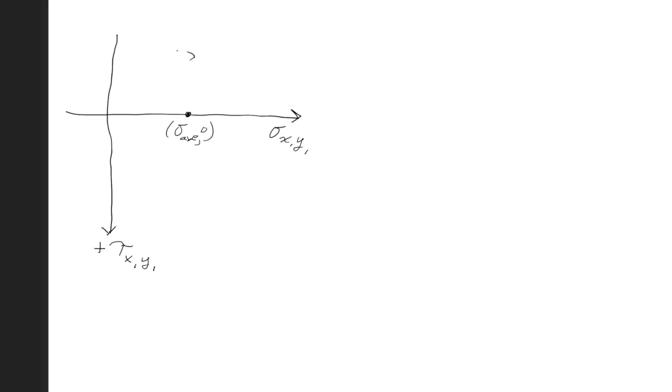It's going to have some radius, big R. And this is going to be our angle. It's going to be 2 times whatever theta is. So if you want to measure something at theta equal to 30 degrees, you actually go to 2 times 30 degrees on this circle. Everything is doubled. And counterclockwise direction is a positive change in angle.